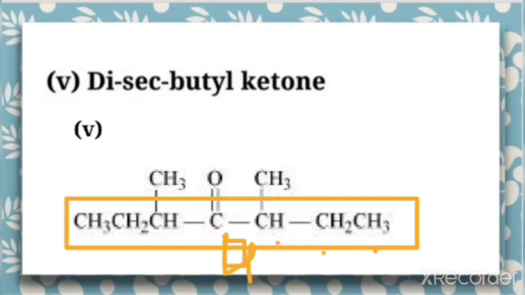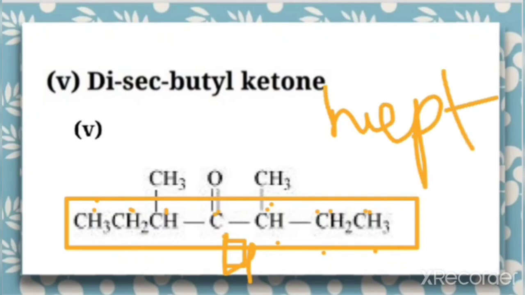So here 4th carbon ketonic, and the number of the carbon atom in the main chain, that is 1 2 3 4 5 6 7. 7 means hept. So we have to use hept, and ketone are there, so heptane 1 2 3 4.